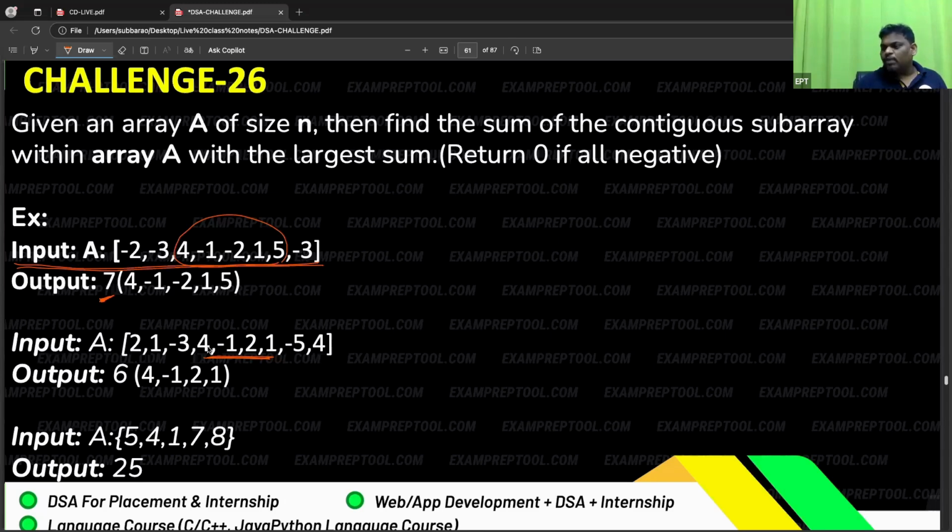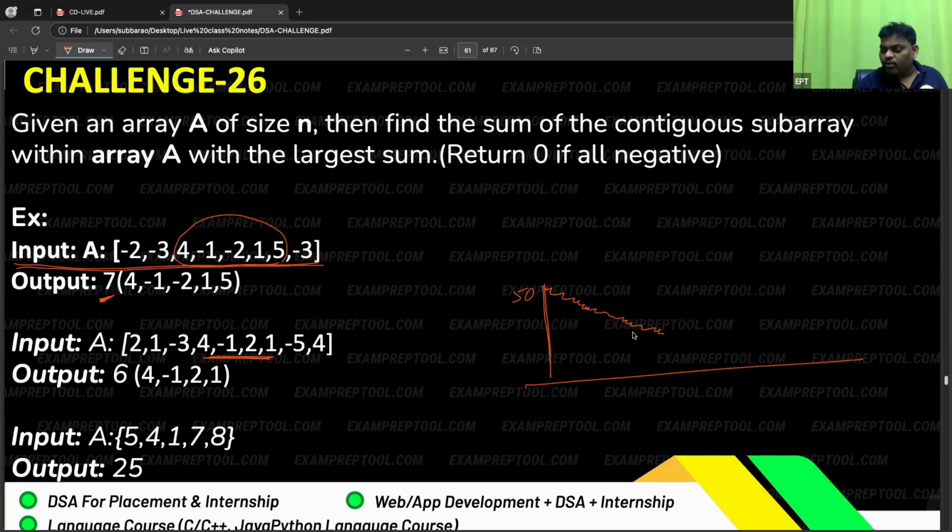Let us say I bought one share at the price of 50. Now it keeps on decreasing, it keeps on decreasing.